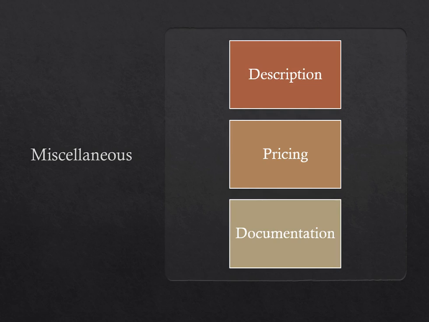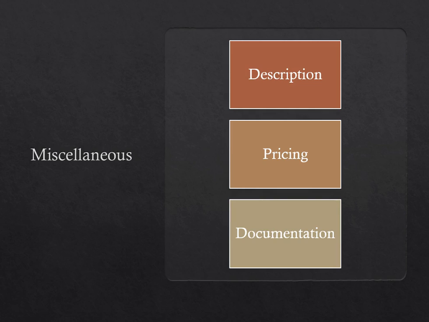So when a DME POS dealer submits a claim for a product or service for which there is no existing HCPCS Level 2 code, it allows the provider or the dealer to submit that claim as soon as that particular item is approved by the FDA, even though there is no code that actually describes that product or service.